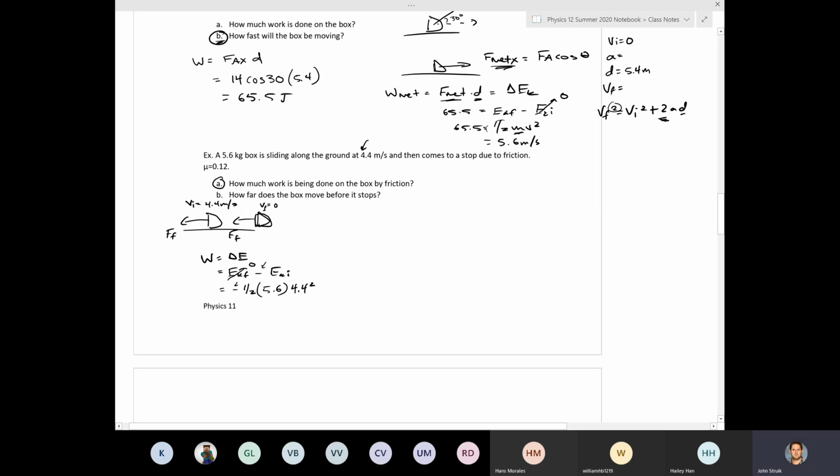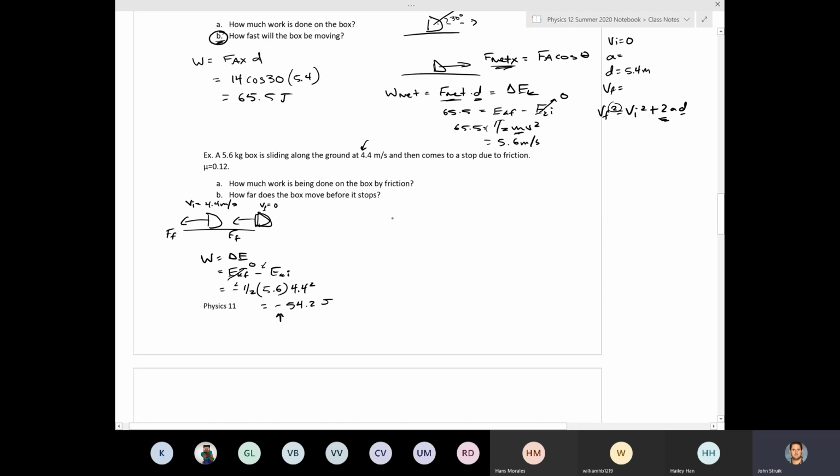Let's do that: 0.5 times 5.6 times 4.4 squared, which is negative 54.2 joules. So that's the work being done by friction. Notice how it's negative because friction takes energy away from things. It slows them down.